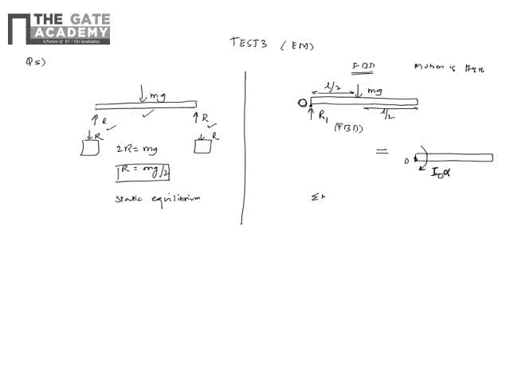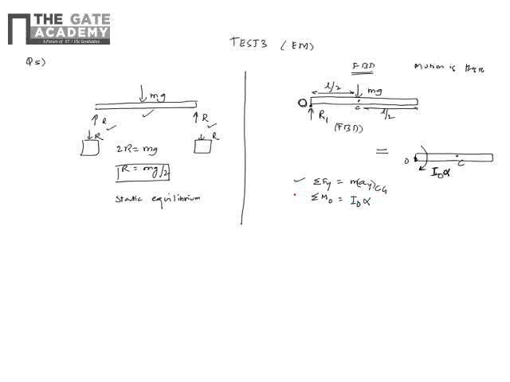So we'll apply sigma moment. Because it's in dynamic motion, sigma Fy is m a of Cg, where Cg is here. That is your basic Newton's law, and the moment about O, the fixed axis rotation point, is I naught alpha.